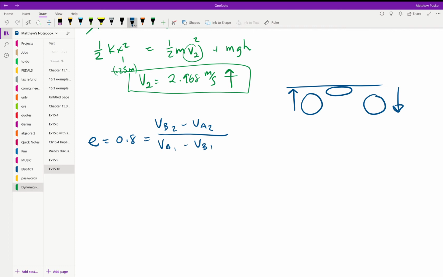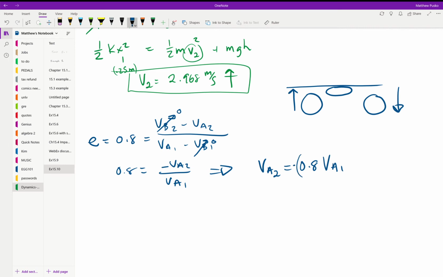So I'm going to call that our velocity b and cancel those. And we'll get a relationship that says, kind of like in our previous example, that the velocity after the collision is going to be equal to the coefficient of restitution times the velocity it hit the wall with.